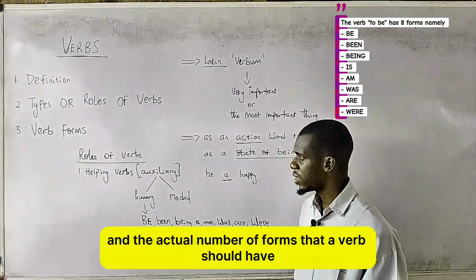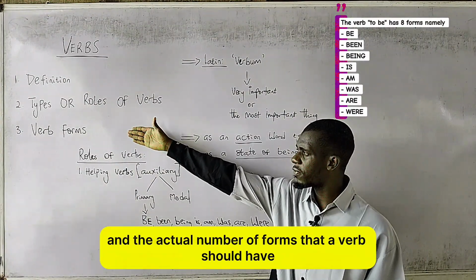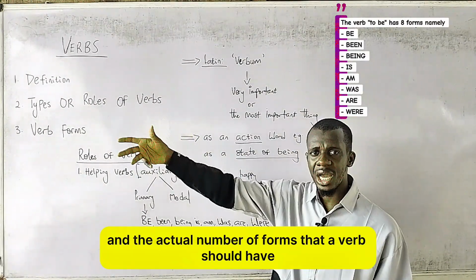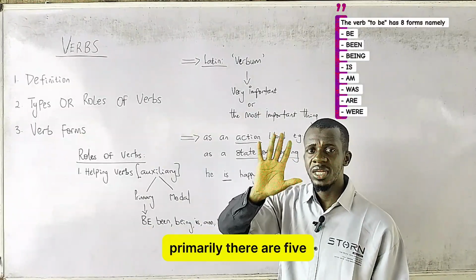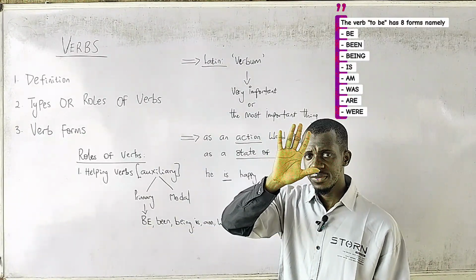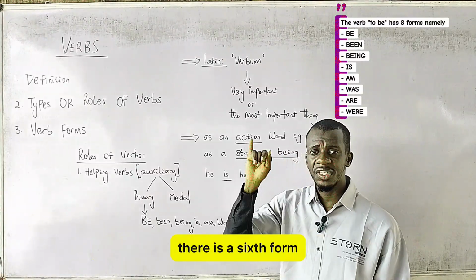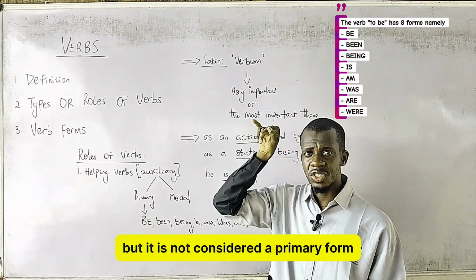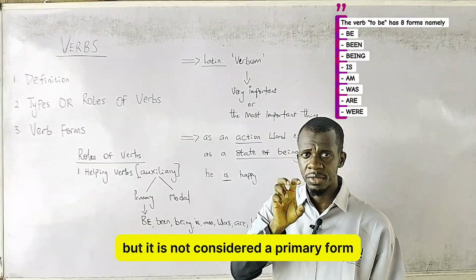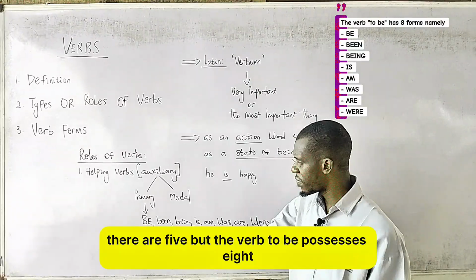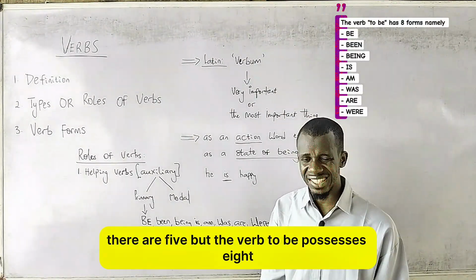All right. Don't forget, part of our outline is something called forms of verbs, or verb forms. And the actual number of forms that a verb should have, primarily, there are 5. There is a 6th form, but it is not considered a primary form. There are 5. But the verb to be possesses 8.